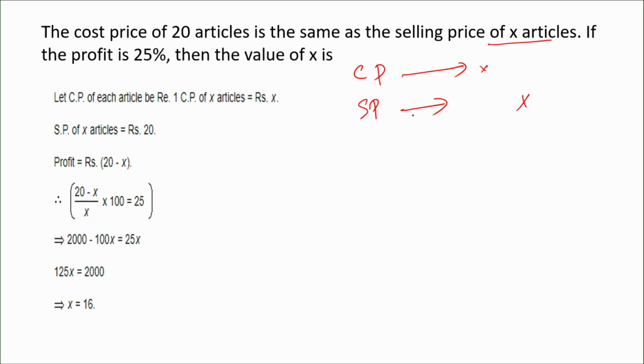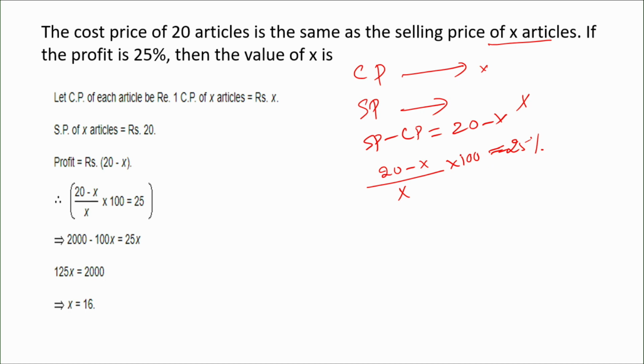Then profit is the selling price minus the cost price, which means 20 minus X. So, 20 minus X is the profit, and profit by cost price, that is x, into 100 equals the profit percentage, which is already given as 25%. So, 20 minus x by x into 100.